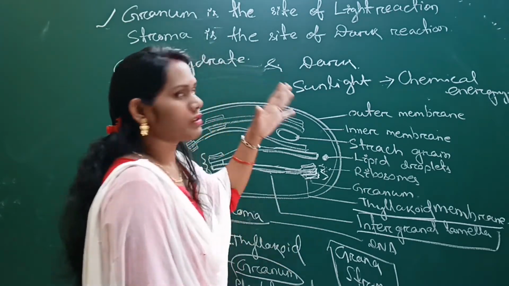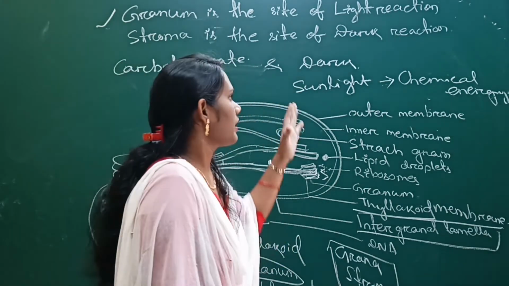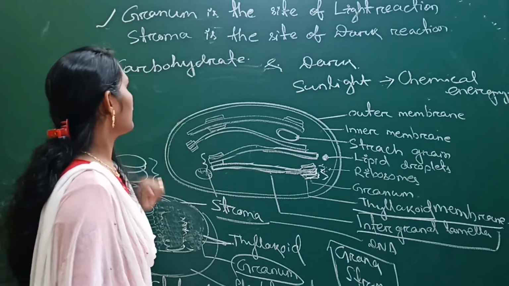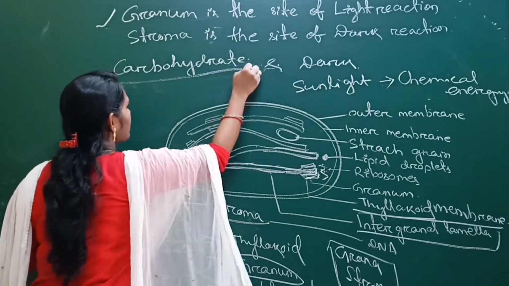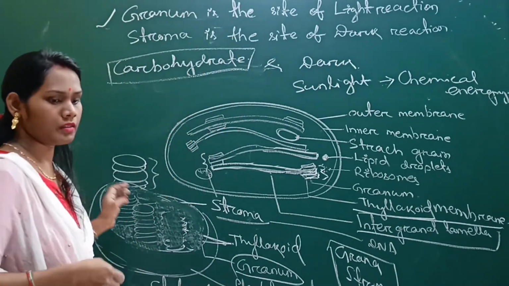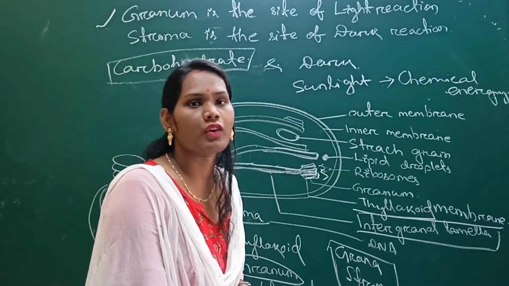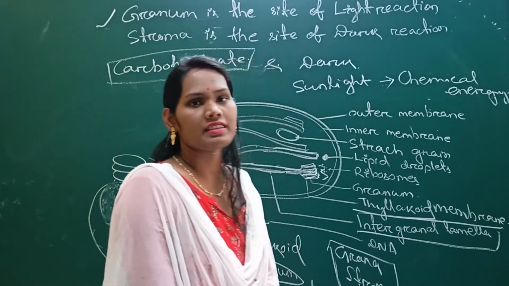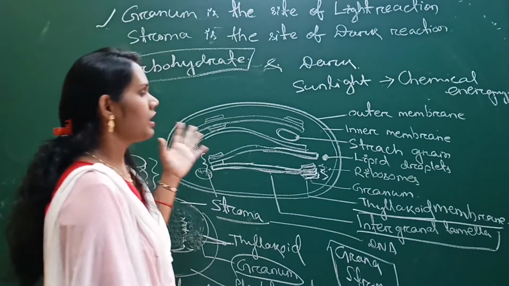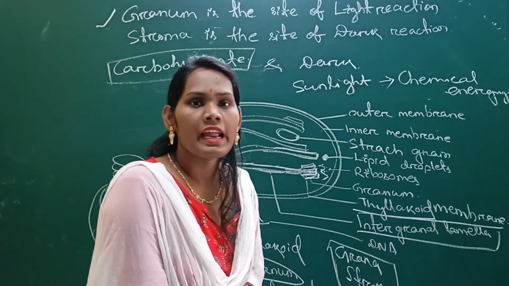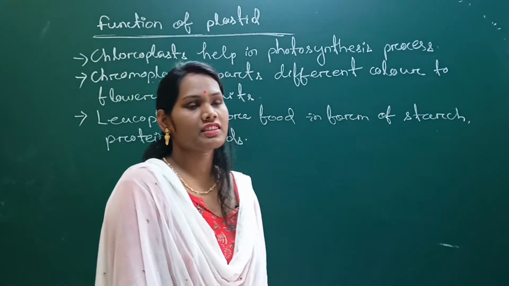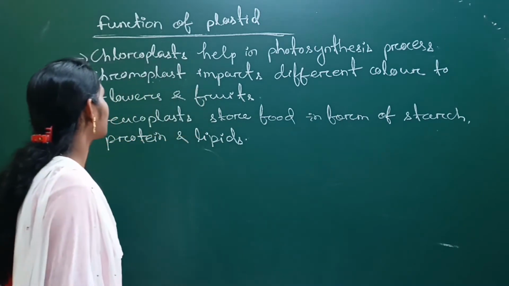So by using this energy, in the dark reaction, finally the product is released, that is the carbohydrate. Okay, so stroma contains mainly photosynthetic enzymes and starch grains, so that the photosynthesis process can be completed.